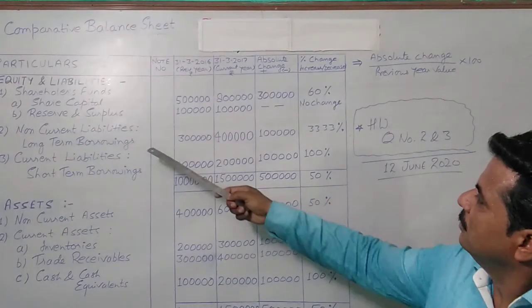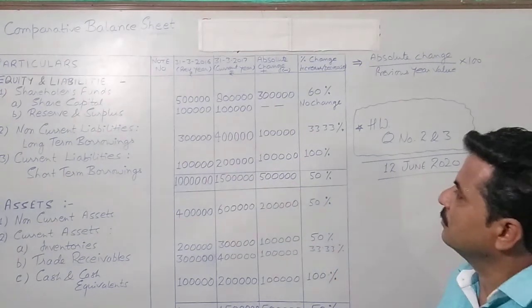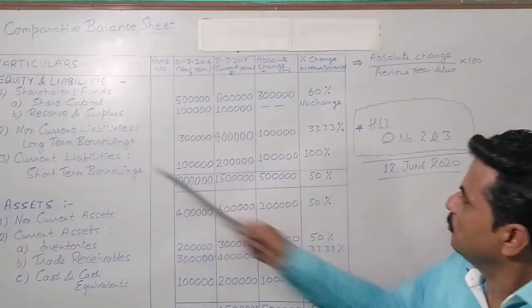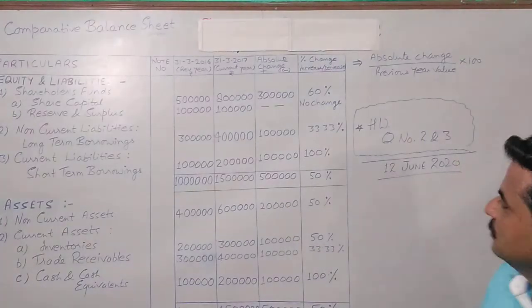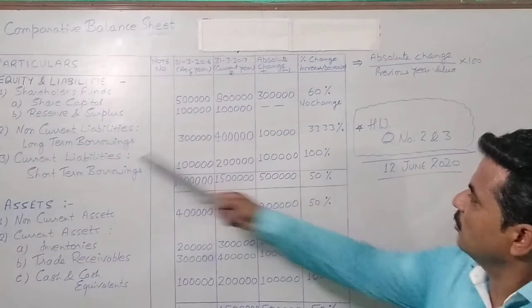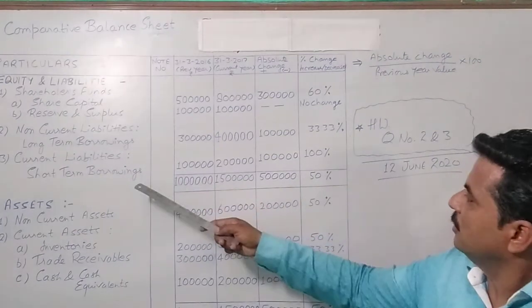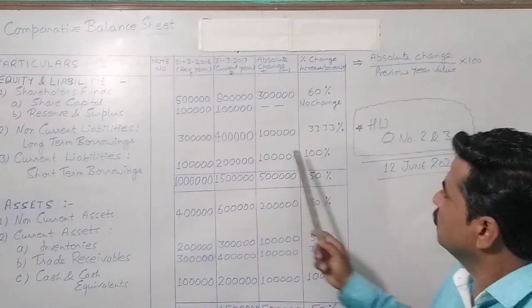Then long term borrowings are rupees 4 lakh in the current year, and short term borrowings are rupees 2 lakh. So there is an increase of rupees 1 lakh in long term borrowings, and also an increase of rupees 1 lakh in short term borrowings.